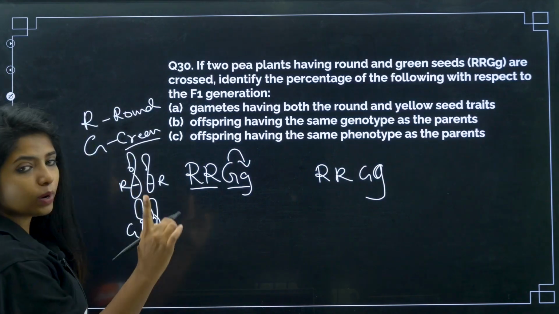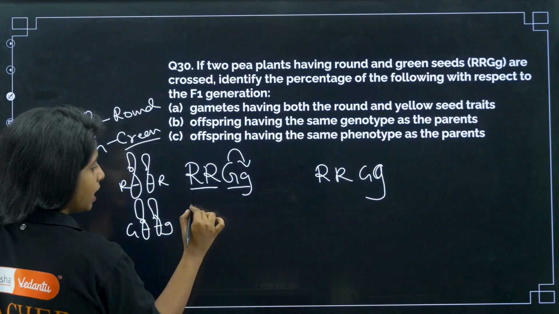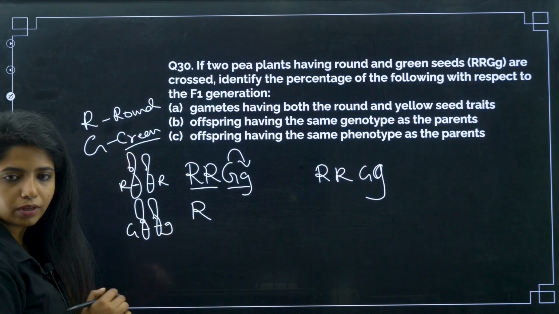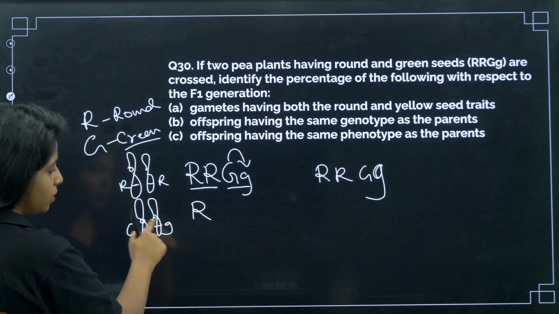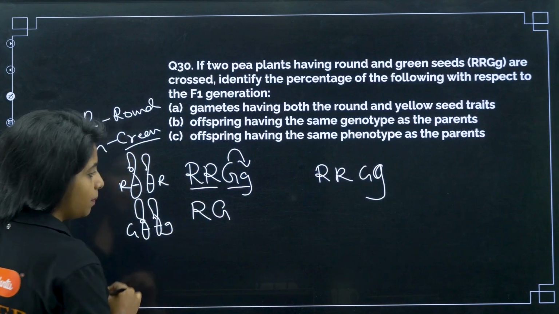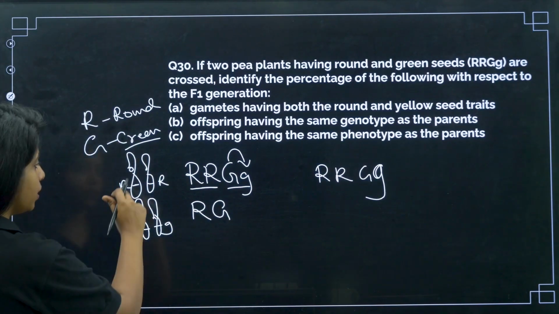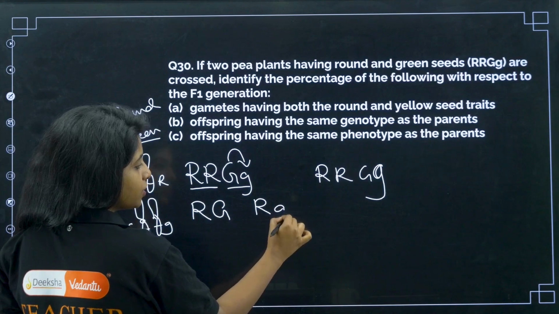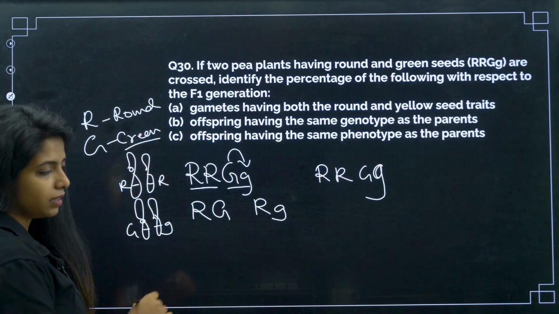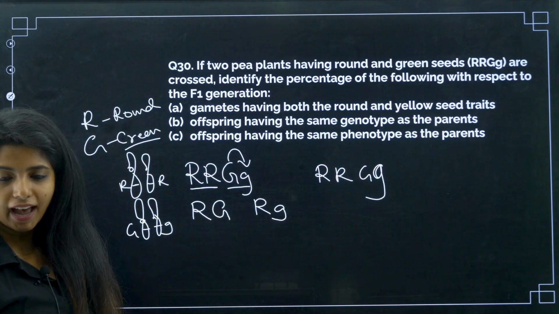So from a pair only one can go. So either this or this. Whatever you do, it will be capital R only, because you just have those alleles. What about this? Here it can be capital G. Now one more combination that you can get is capital R again and small g.